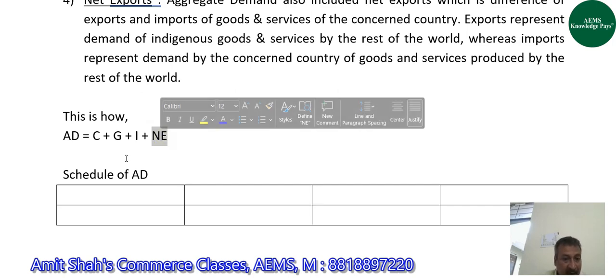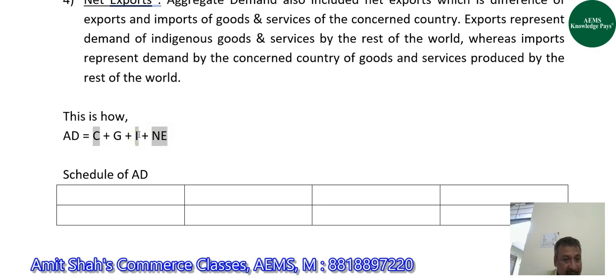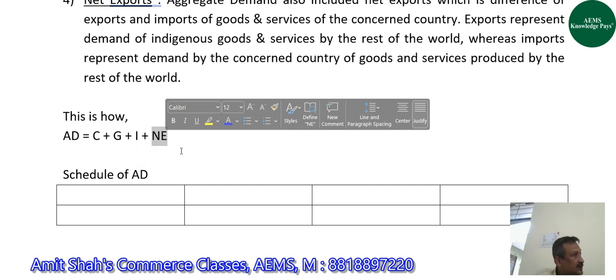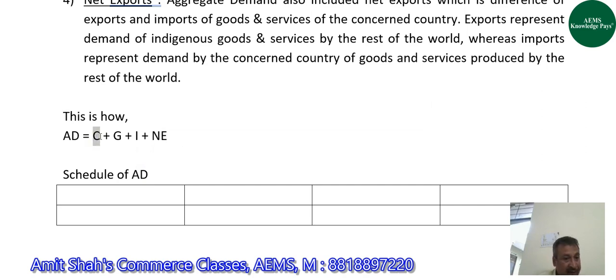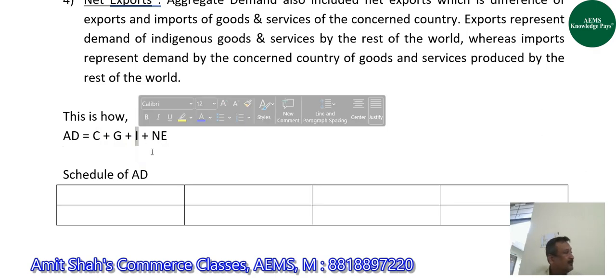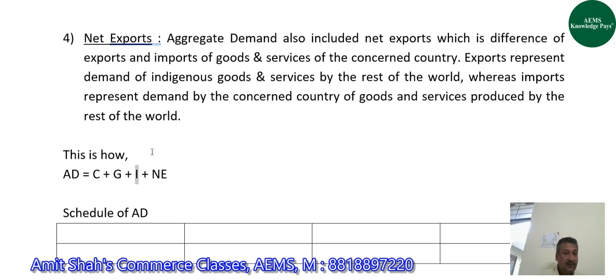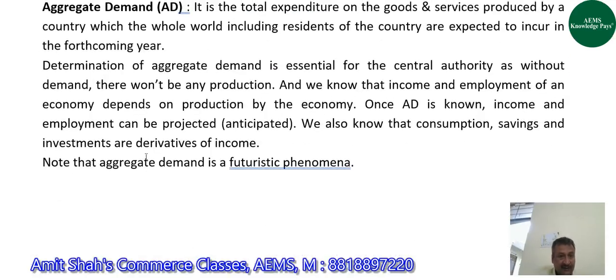Net exports become part of either C or I. If you are exporting consumption goods or services, then it would be part of C. If you are exporting capital goods, that would be part of I. The same is with imports. We have already seen this, guys.